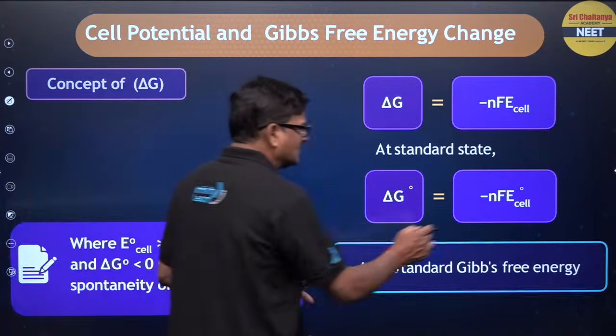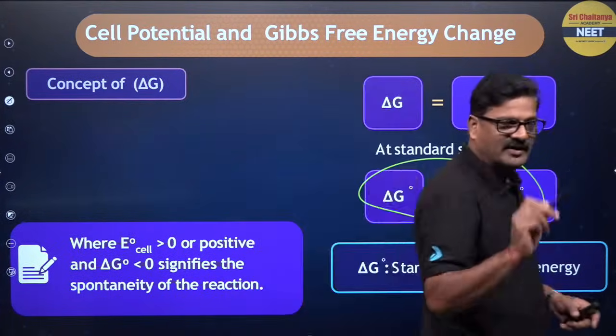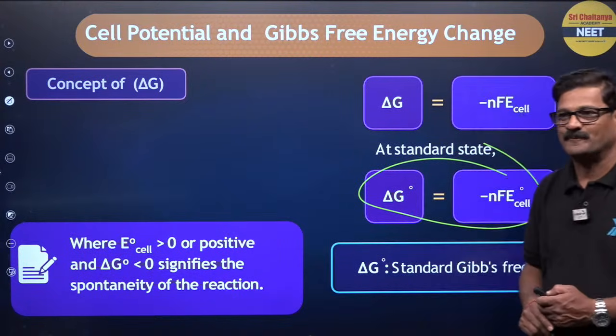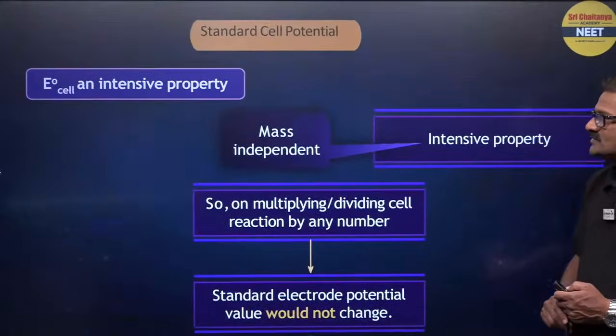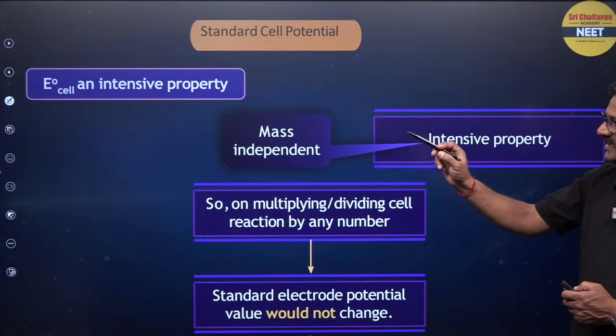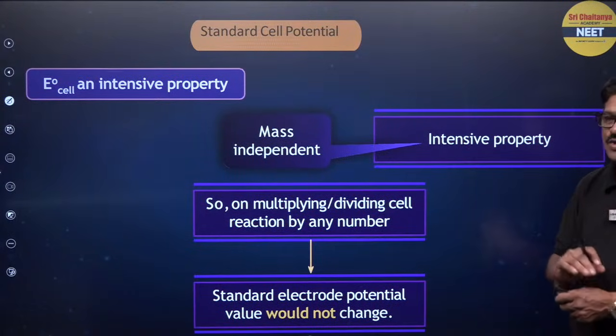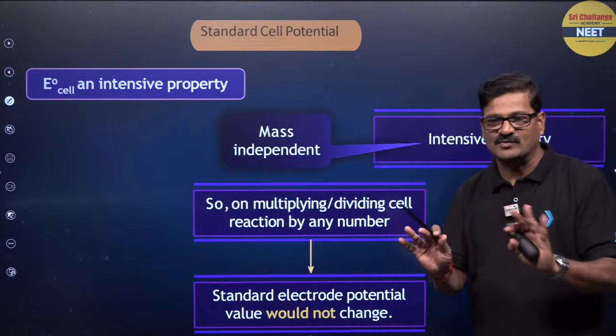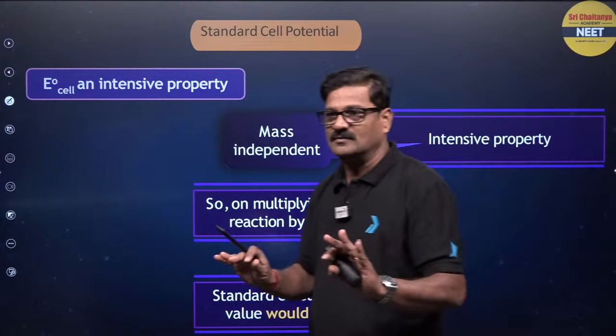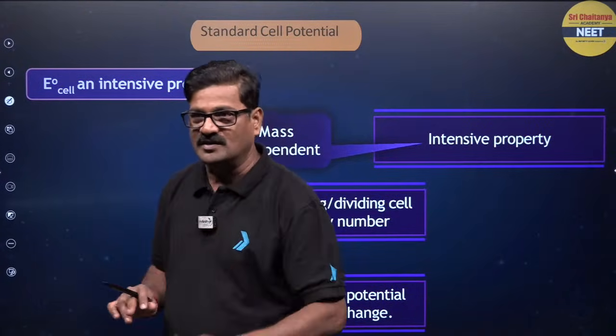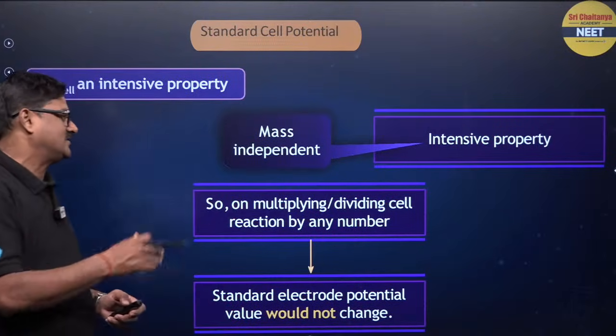Based on this, you will have a very good number of numericals. E naught is an intensive property, so you can't add these values, while delta G is an extensive property, so you can add it.